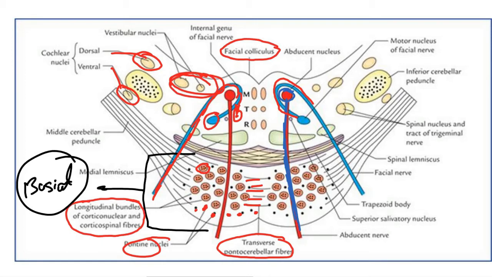These together form the vestibulocochlear nerve. Now you will say that one nerve is left, that is the fifth cranial nerve. That you will see in the upper section of the pons. As always, you will see in the whole brainstem the spinal nucleus and the tract of the trigeminal nerve. One structure that is new in the pons is the spinal lemnisci.